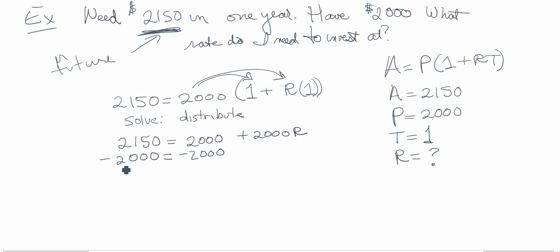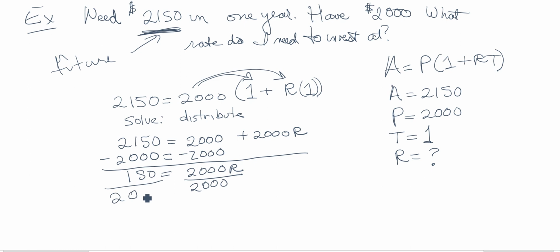So I'll subtract 2,000 from both sides, and I'll get 150 is equal to 2,000r. Finally, I'll divide both sides by 2,000. Doing that division, I'll get r is equal to 0.075. This time I want to change that into a percent. My rate would have to be 7.5%.